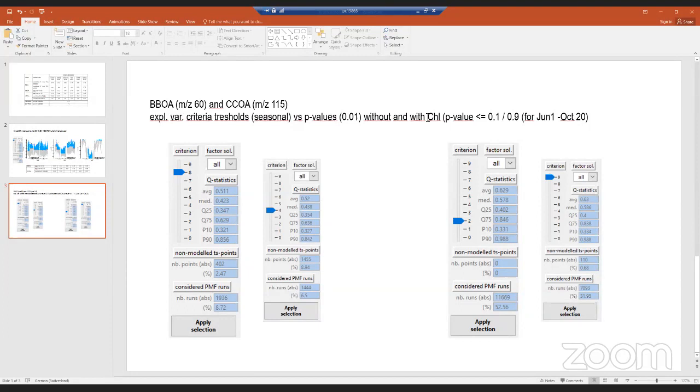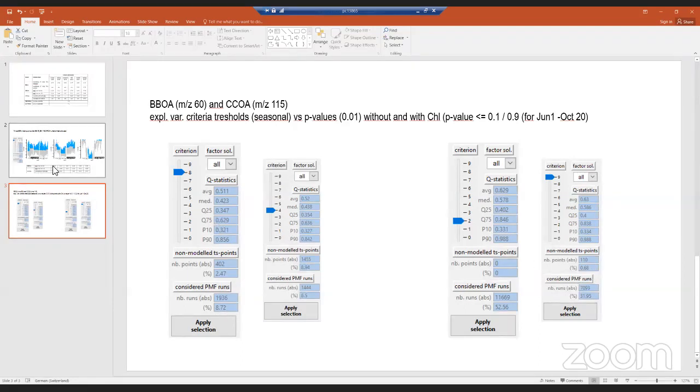If I also include chloride as a criterion, using p-values smaller than 0.1 for the colder period and 0.9 for June to October, I end up with 9% missing points versus 0.7% missing points.